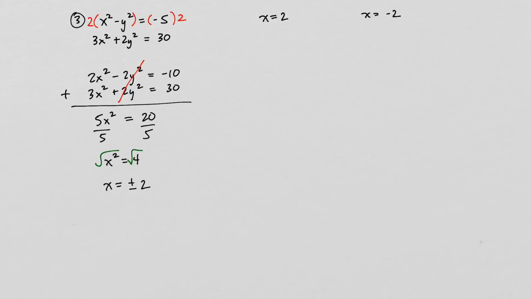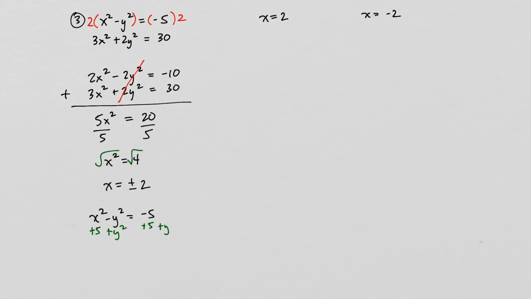I'm going to plug it into the first equation, but I'm going to do something to that first equation first. So the first equation is x squared minus y squared equals negative 5, and I'm going to be solving for y. So what I'm going to do here is add 5 to both sides and add y squared to both sides.